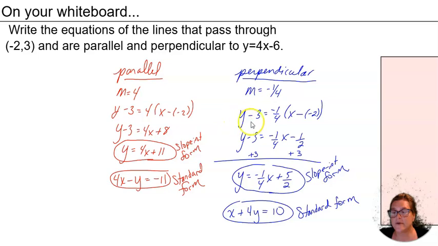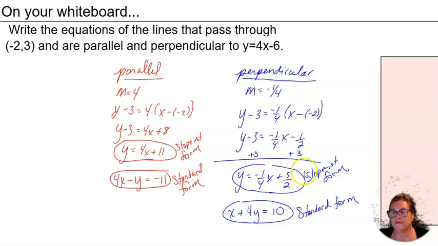So point slope form is y minus 3 is equal to -1/4 times the quantity x minus -2. Right? A negative and a negative is a positive, but when we distribute this -1/4 over the parentheses, we're going to have a -1/2 on this side. And then we add 3 to both sides, and slope-intercept form is -1/4 x plus 5 over 2.